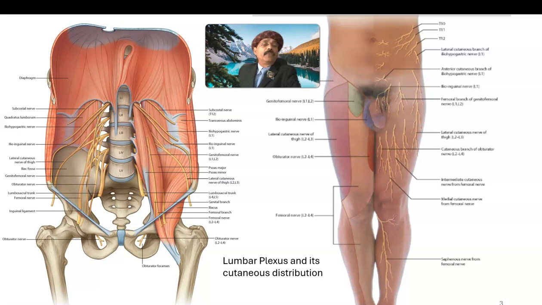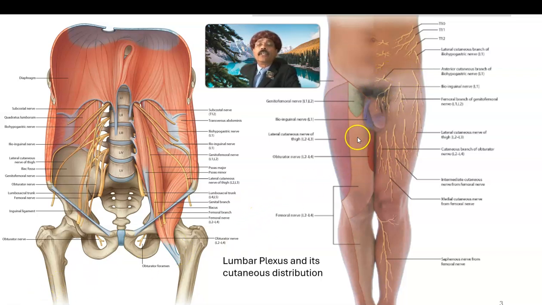We have another nerve, that is the obturator nerve. Here is the obturator nerve, again root value L2, L3, L4. Here are the cutaneous branches of the femoral nerve and the cutaneous branches of the obturator nerve. And we are also seeing the area of distribution of the iliohypogastric and ilioinguinal nerves in this area.